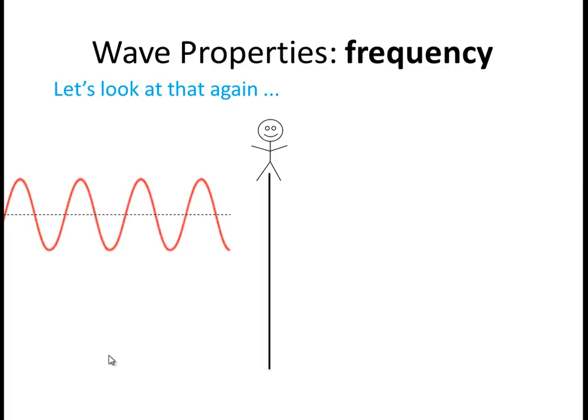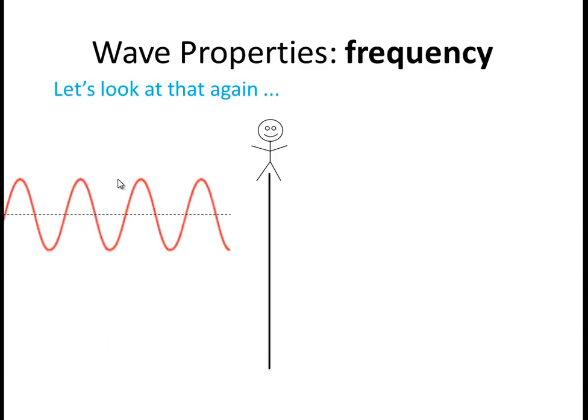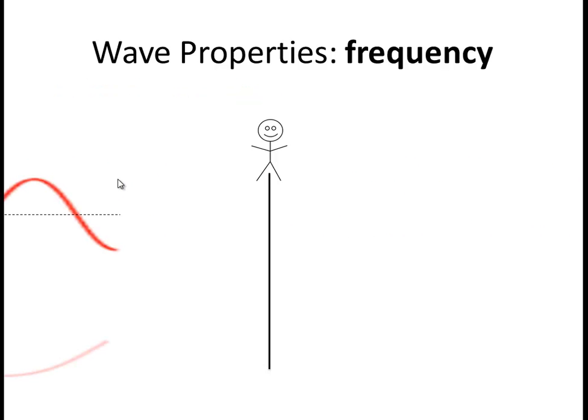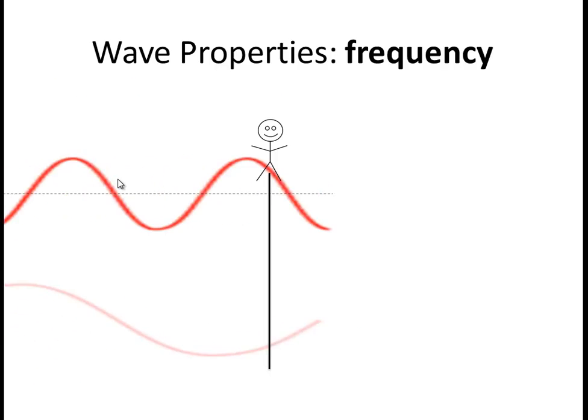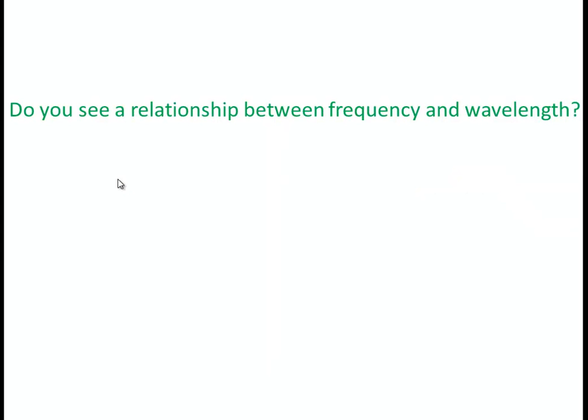Let's look at that one more time. Here's the EM wave with the smaller wavelength. Those peaks went by pretty rapidly. Here's the longer wavelength. Now, my question for you is, do you see a relationship between the frequency and the wavelength?